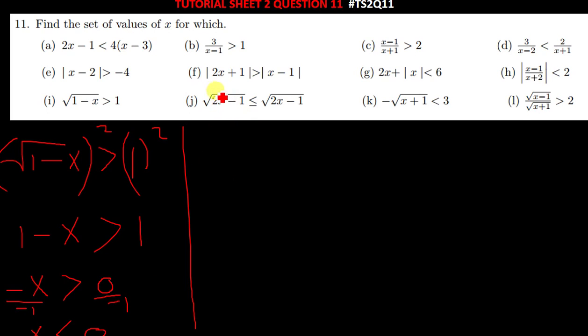Even this side, you square both sides. When you square both sides there, you are going to get 2x minus 1 less than or equal to 2x minus 1.